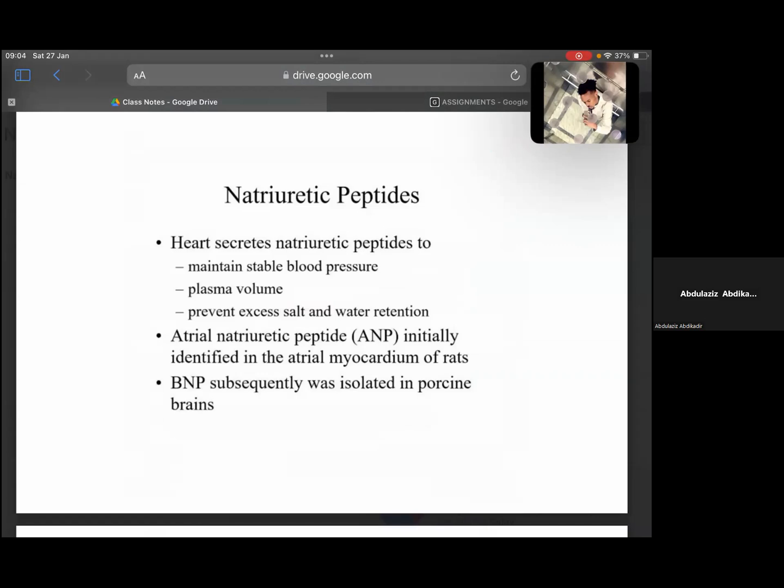Remember, the RAS will act as a vasoconstrictor. The RAS will act as the opposite of a diuretic, so it will try to conserve as much water as possible. It will try to conserve as much salt as possible by the aldosterone. It will hypertrophy the heart, the left ventricle.